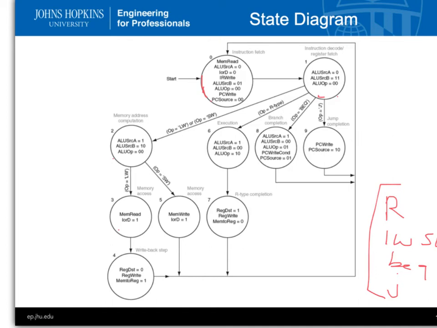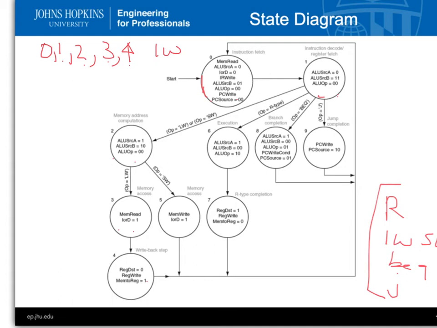So if I'm a load word instruction, I'm going to go through states 0, 1, 2, 3, 4. That's a load word. So a load word is going to take 5 cycles and do these 5 steps.